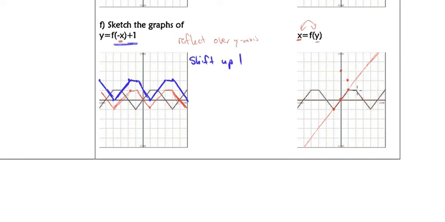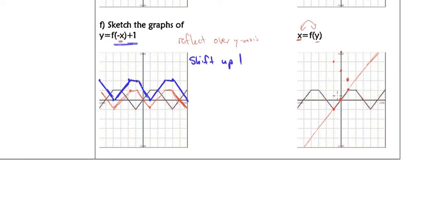So the point 2, 1, switch those x, y values, becomes 1, 2. The point 3, 0 becomes 0, 3. The point 4, negative 1 becomes negative 1, positive 4. The point 5, 0 becomes 0, 5.